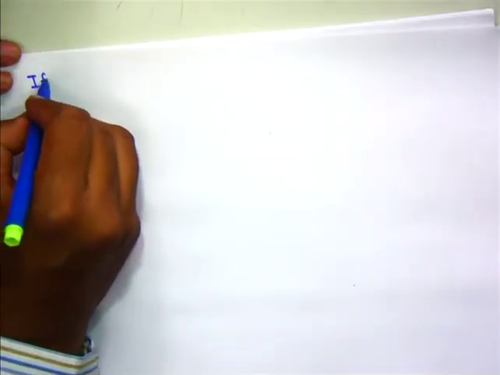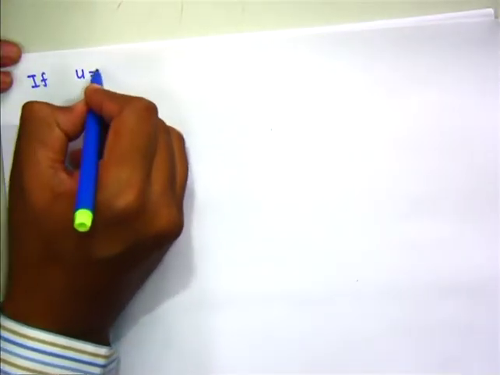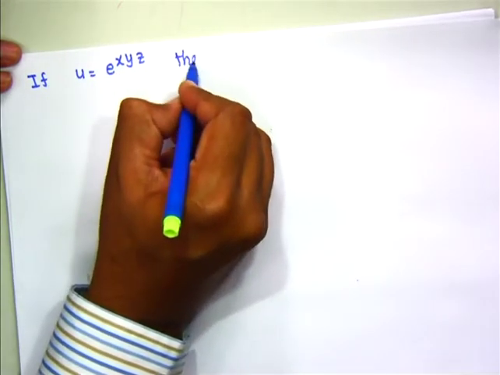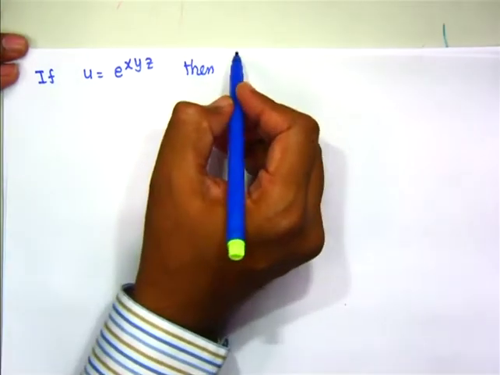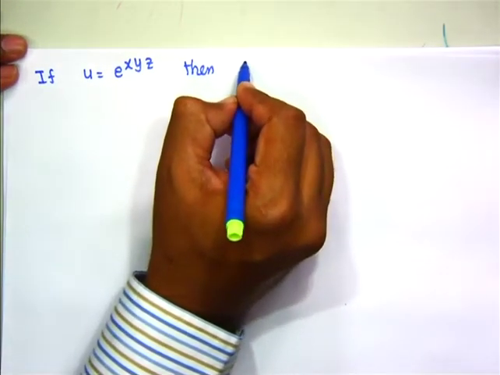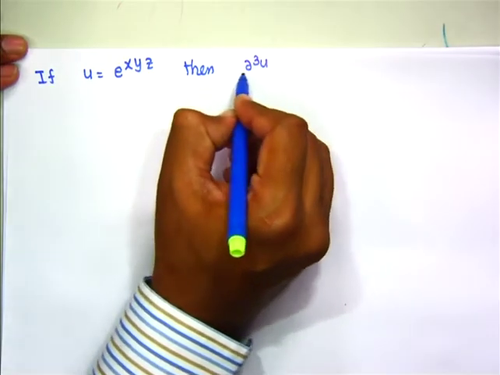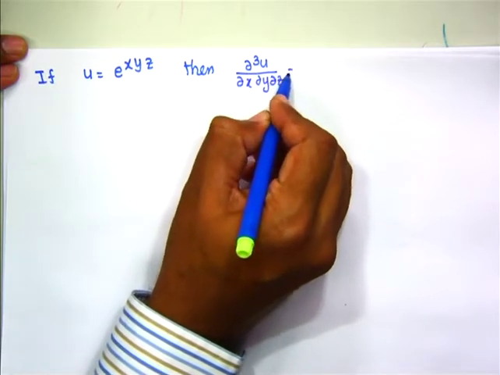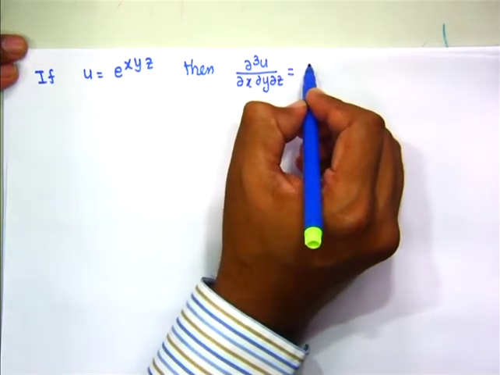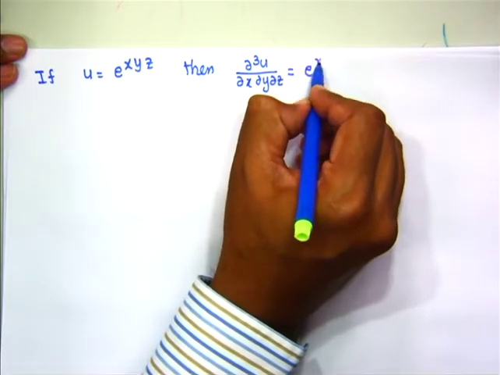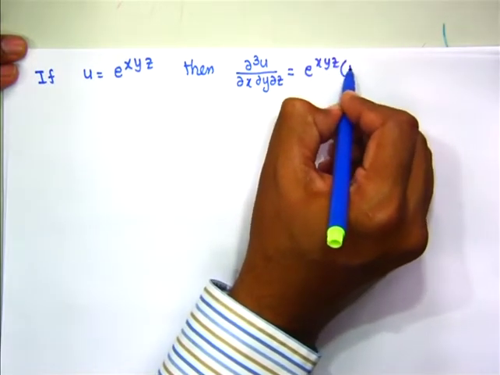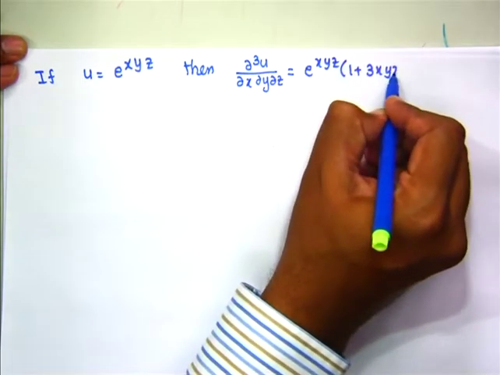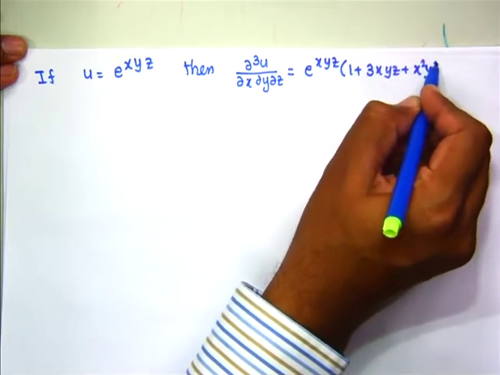If u is equal to e to the power x y z, then we have to find del cube u by del x del y del z is equal to e to the power x y z into 1 plus 3xyz plus x square y square z square.